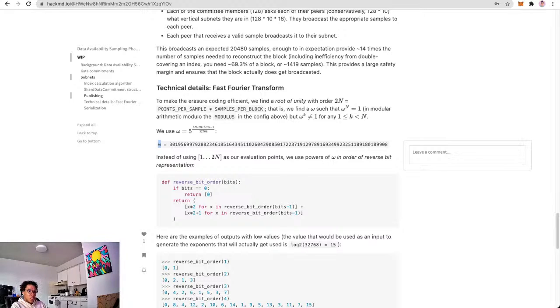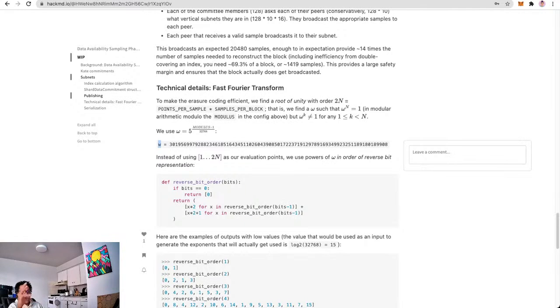But W to the K does not equal 1 for any K greater than or equal to 1 but less than n.